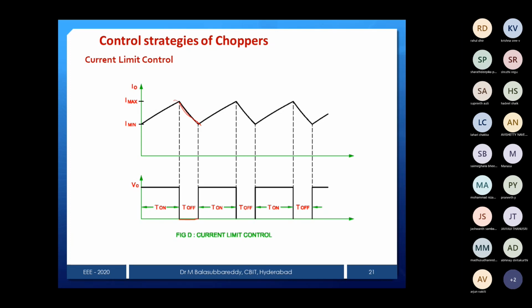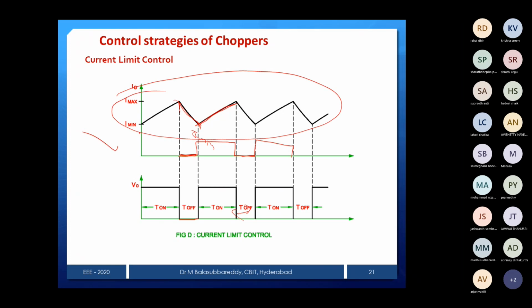Again, once the current reaches the minimum, you have to give the firing pulse. It increases the current. Again, you disconnect the firing pulse. Like that, you have to provide the firing pulse. Whenever it reaches the maximum, you disconnect the firing pulse. Whenever it reaches the minimum, provide the firing pulse. If you provide the firing pulse this way, your current waveform will be improved.